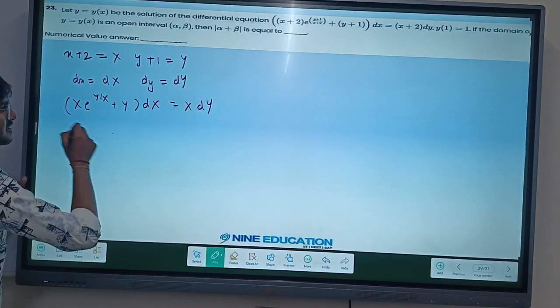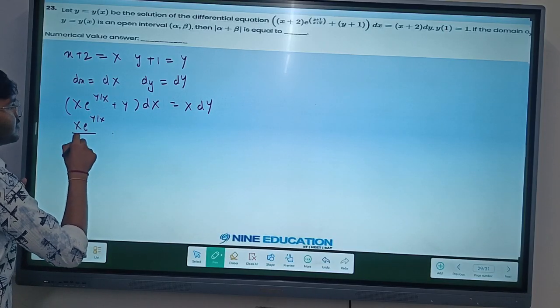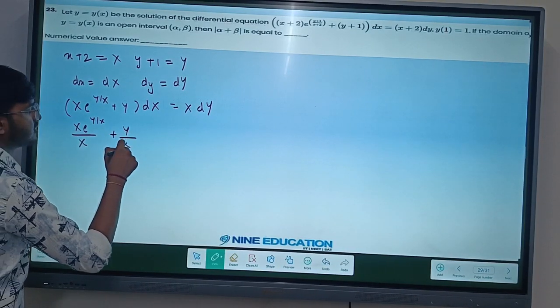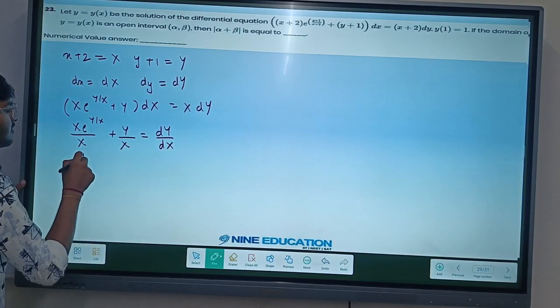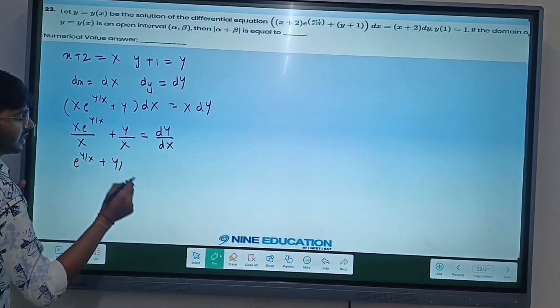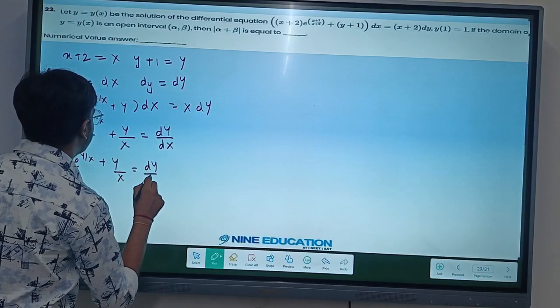So y by x is there, take this x down, dx there, x e power y by x plus y by x is equal to dy by dx. So e power y by x plus y by x is equal to dy by dx.